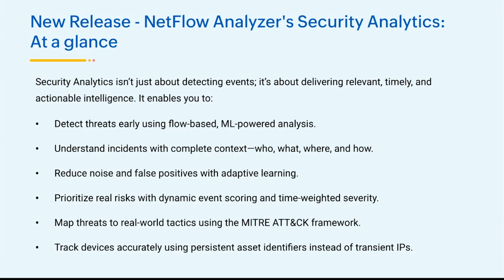For example, a compromised endpoint might be slowly leaking data and remain undetected by a signature-based tool. However, NetFlow Analyzer's new security feature would catch this by recognizing the subtle deviation from the asset's normal behavior, preventing a major breach. With NetFlow Analyzer, you're no longer just reacting to incidents; you are empowered to detect, understand, and stop advanced threats before they can cause damage.